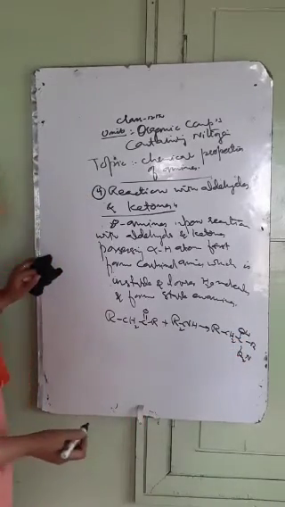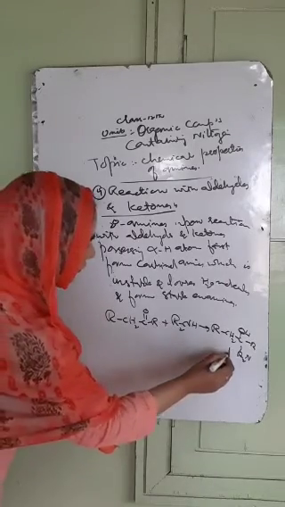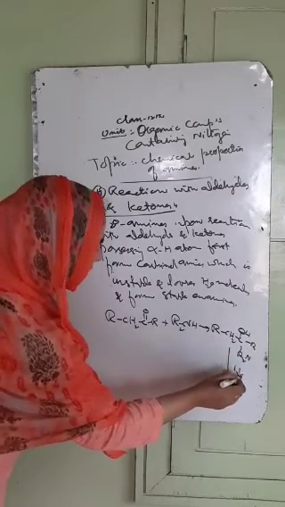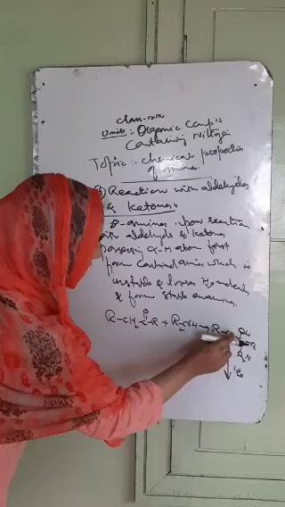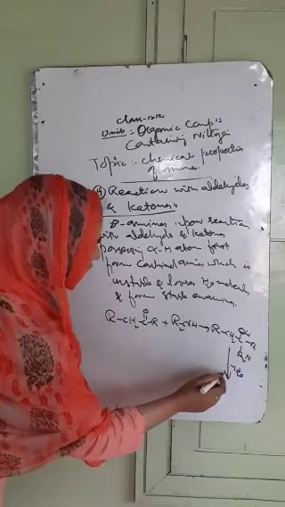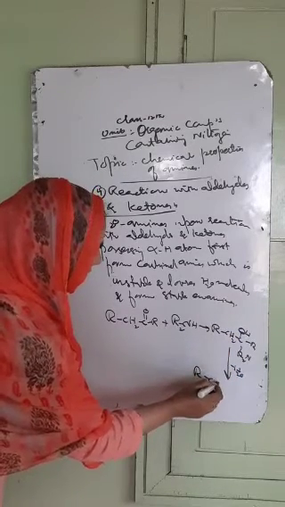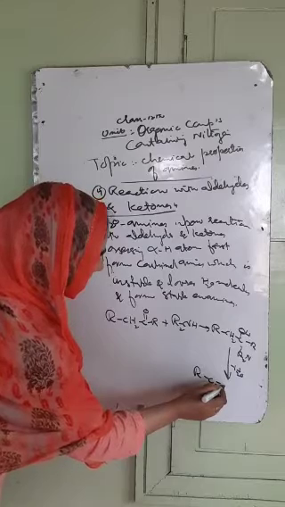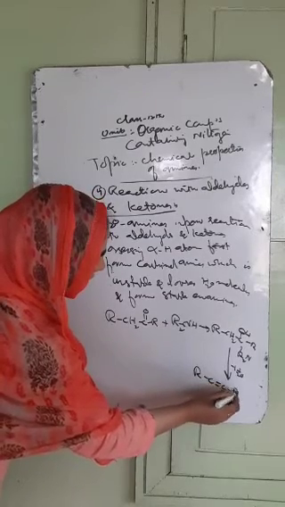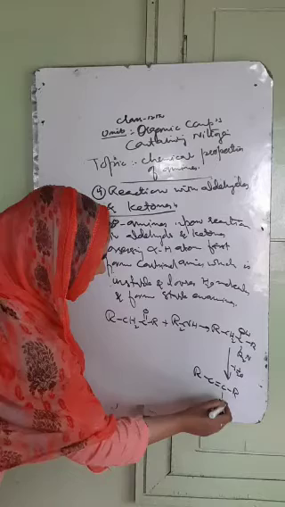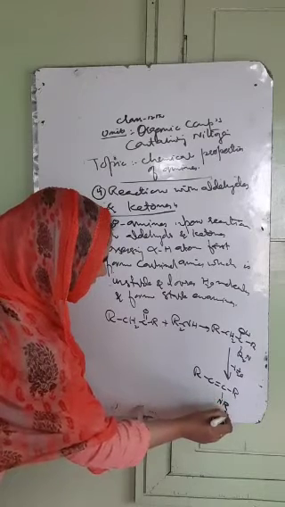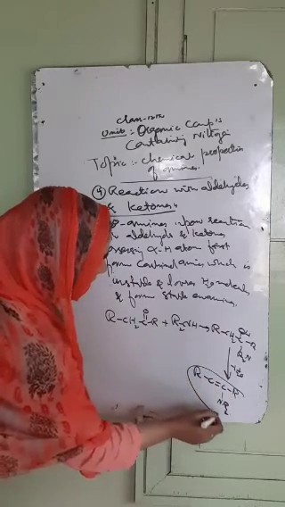This is called carbinol amine, which loses a water molecule. कौन सा water molecule? ये है OH और इसका एक हाइड्रोजन एटम बाहर निकलेगा as water. We have RCH double bond CR and NR2. This is called an enamine.